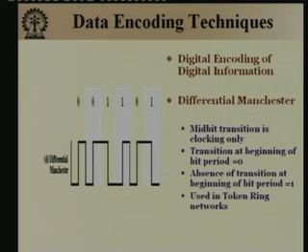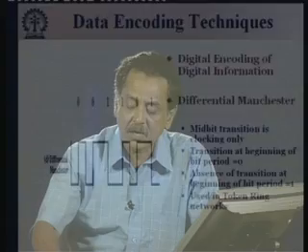But when the 1 starts, there is no transition. There is a transition in the middle anyway, that is for clocking purpose. Then once again, if a second 1 comes, there is no transition, and so on. This was used in token ring networks. Of course, token ring networks are becoming less popular these days, but anyway, this is another. There are other kinds of encoding techniques, but these are quite common ones.